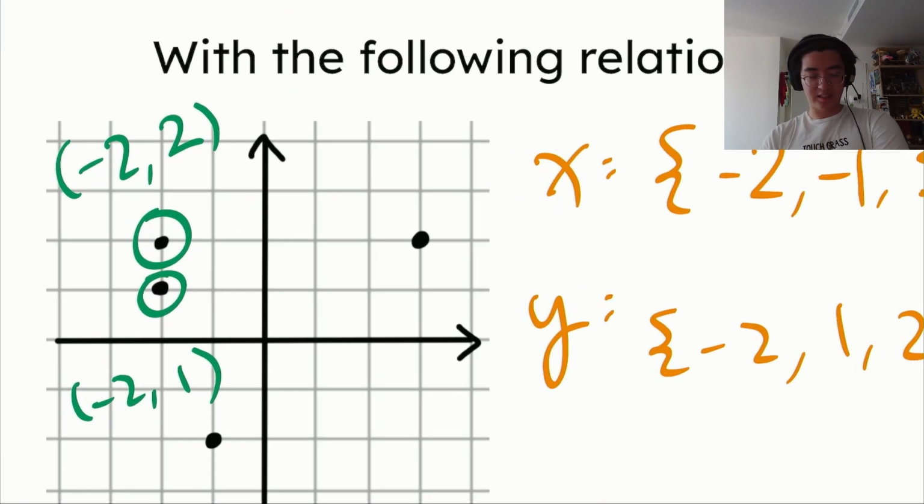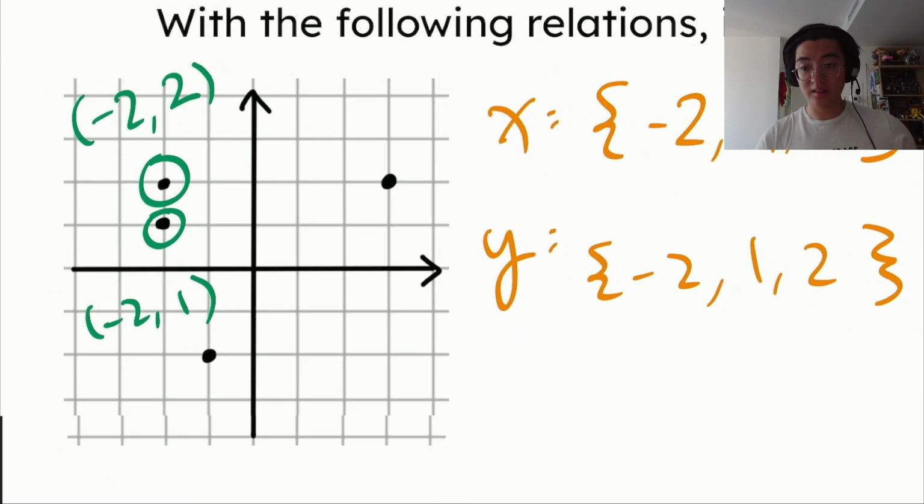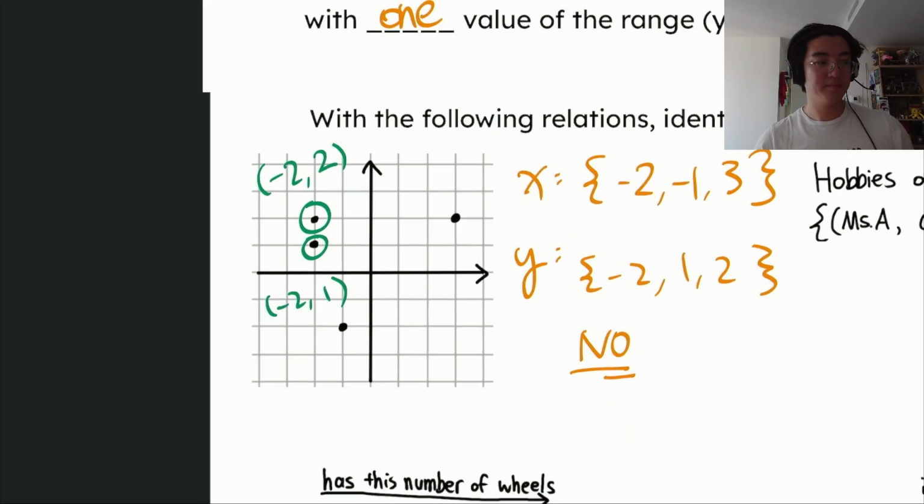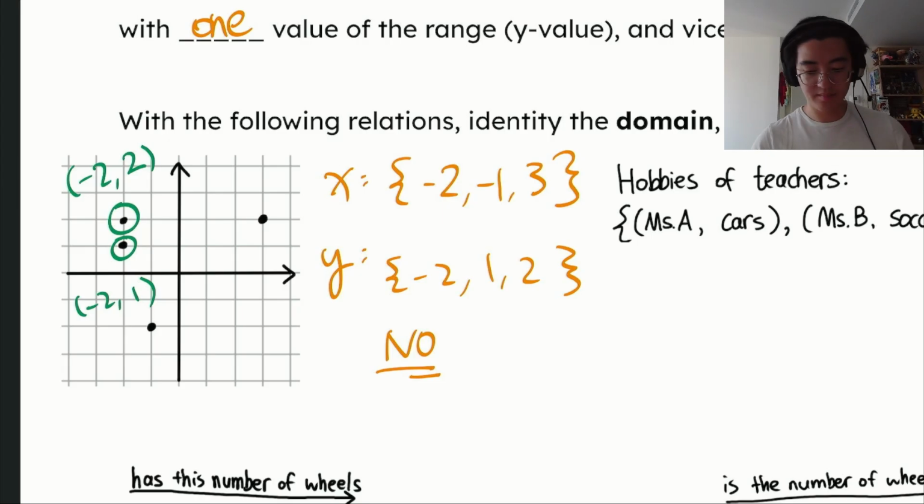Even though this is a relation, we see this x value -2 associates to the y value of 2, and -2 also associates to the value of 1. Alright, so we have one x value, which is -2, that relates to two different things in the y value, 2 and 1. So this right here is not a function.